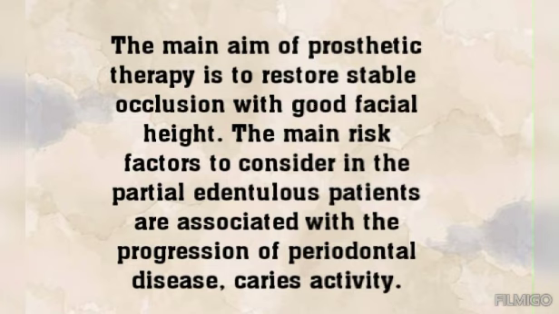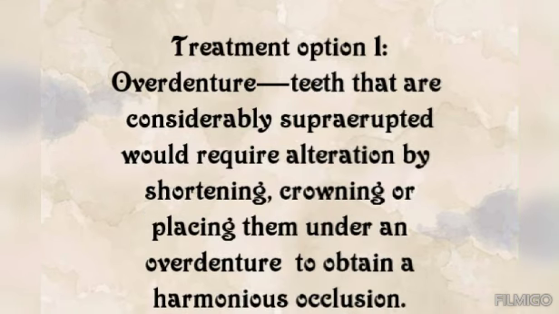The main risk factors to consider in the partially edentulous patient are associated with the progression of periodontal disease, caries activity, and residual ridge resorption and functional problems. So we have to identify the risk factors. These are the main aims of prosthetic therapy.